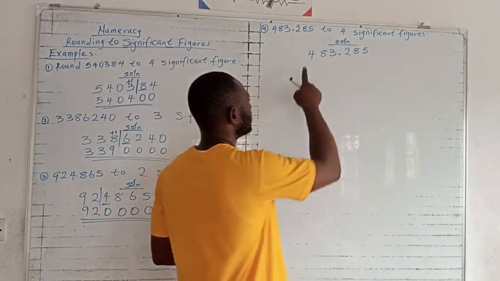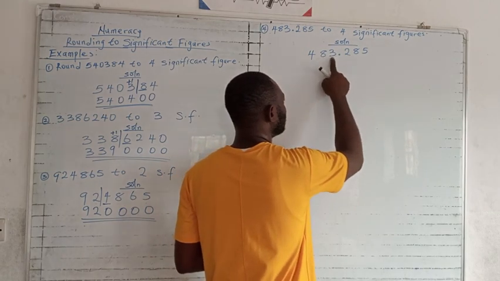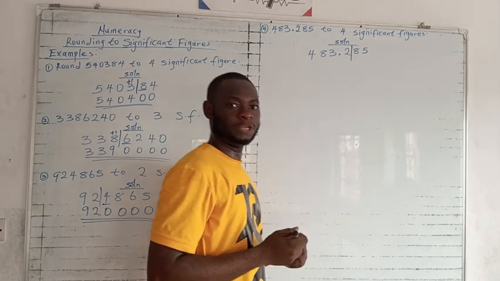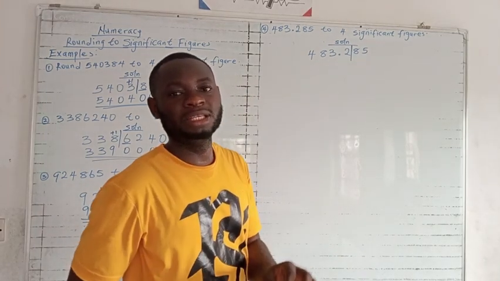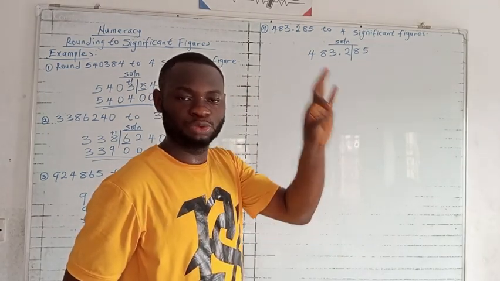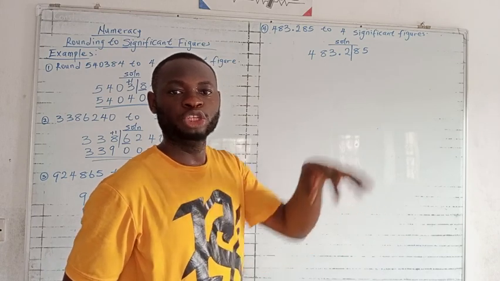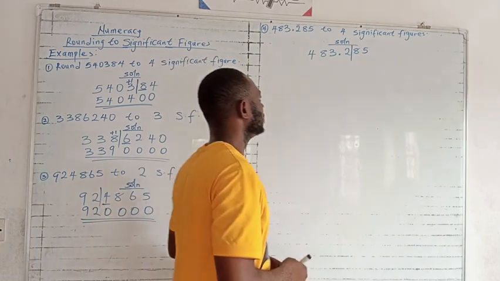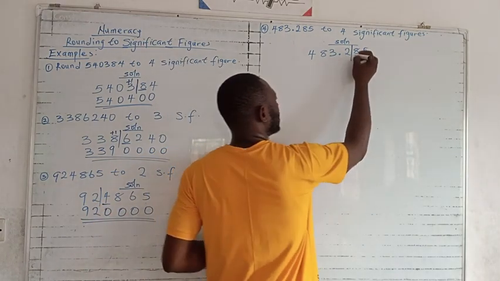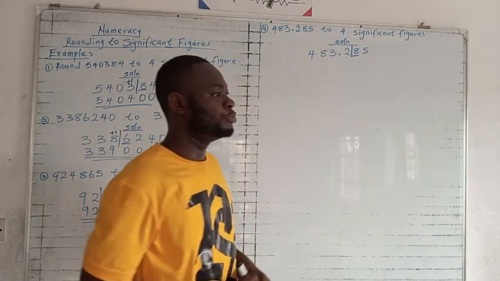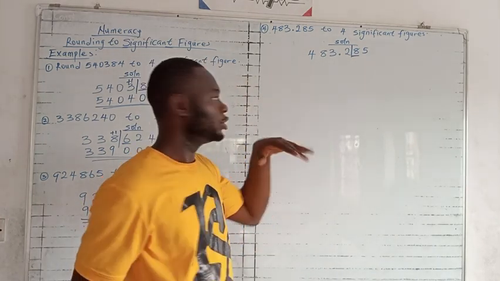So let's go. This becomes 1, 2, 3, 4. Then we'll have our slash at this point. The most important thing is, where is our slash going to fall? Then are we rounding up or rounding down? Now, we are considering the number 8, and 8 is in what group? Group B. So we are going to round up.